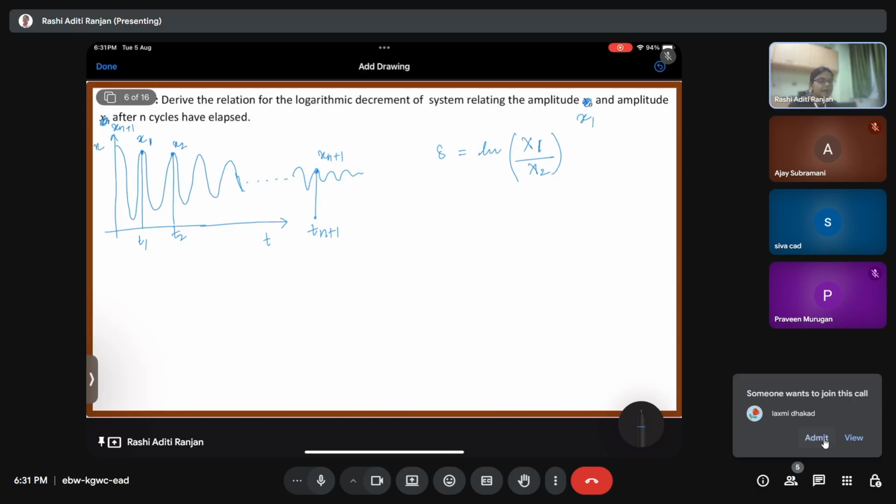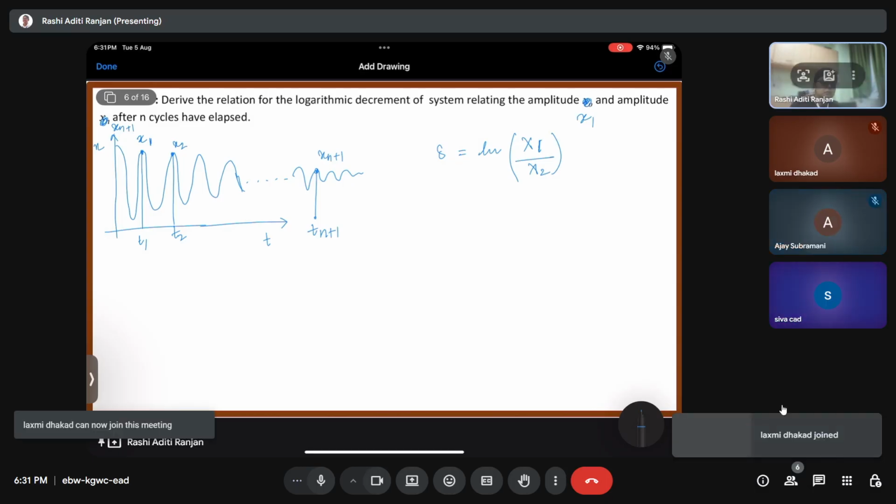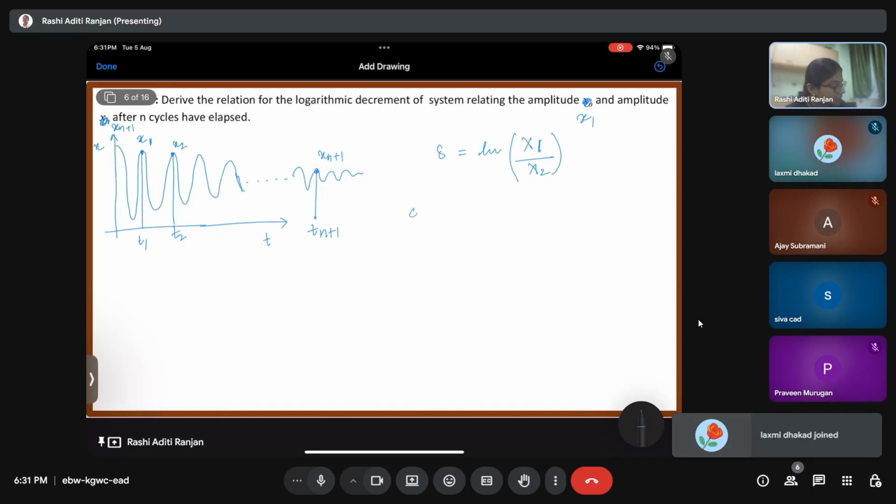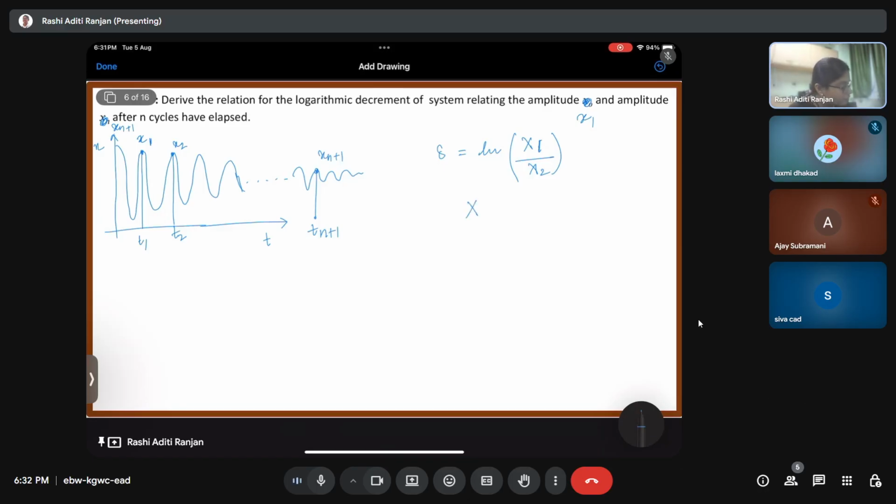In that case what we actually want is some delta n. So we have over here x1 by x2 is equal to e to the power delta. Now what we want is x1 by xn plus 1.